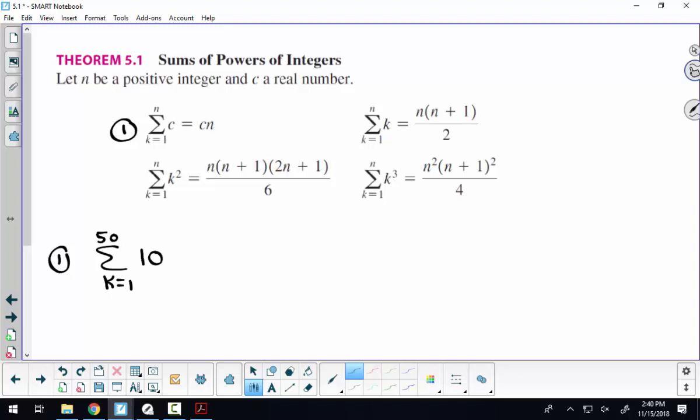What this sum is actually representing is when k is 1, your value is 10 plus 10 plus 10 plus 10 plus 10, 50 times, right? So it's 10 plus 10, 50 times.